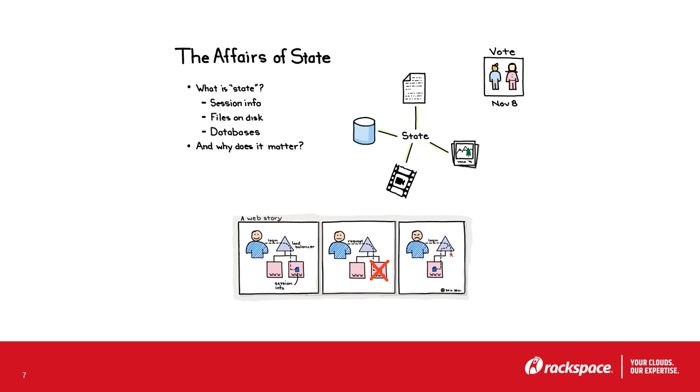That state can come in many different forms. It can come in the shape of a file on disk. It can be a database. It could be images or files or media files uploaded by users. All of those constitute state on our system. They are things that we would need to recover in the event a system failed.